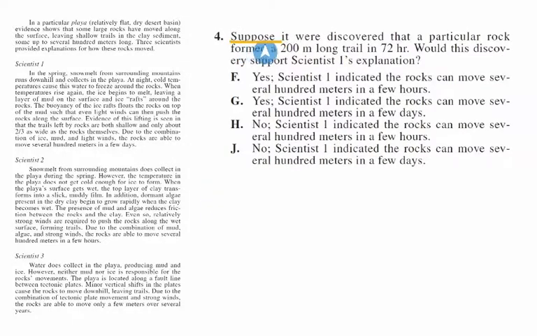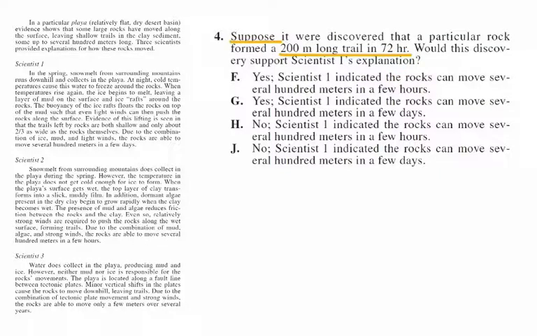Got another suppose question. You're going to have to think in this one, reason a bit. Suppose it were discovered that a particular rock formed a 200-meter long trail in 72 hours. Would this discovery support scientist 1's explanation? So scientist 1 says that the rocks are able to move several hundred meters in a few days. 72 hours is a few days because 24 hours is 1 day.